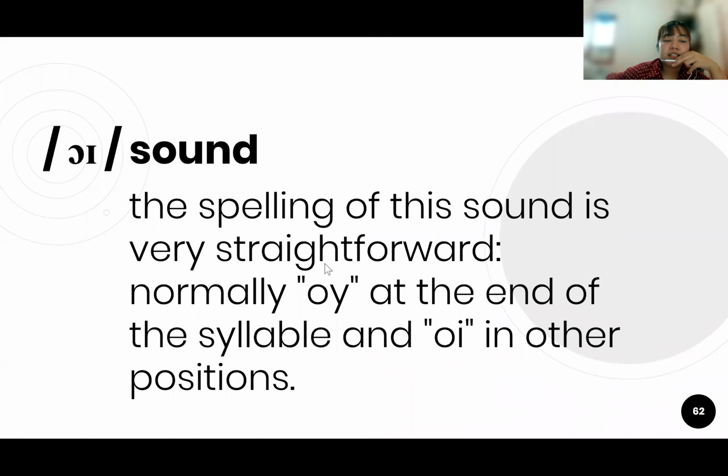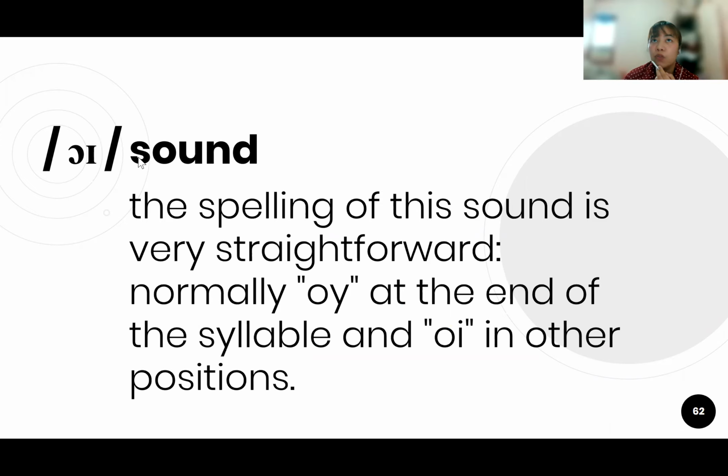Okay, I think this is the last diphthong sound in IPA transcription. So if you combine your open O with your barred I, it produces the sound oi, and this symbol stands for the oi sound.